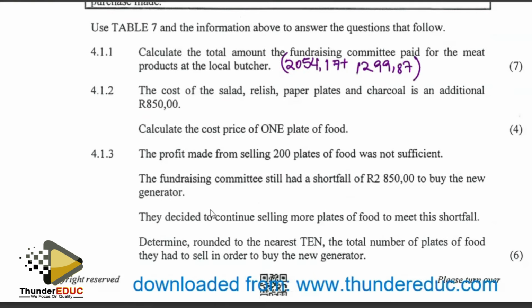And you look at the discount. So the answer here is 3,354.